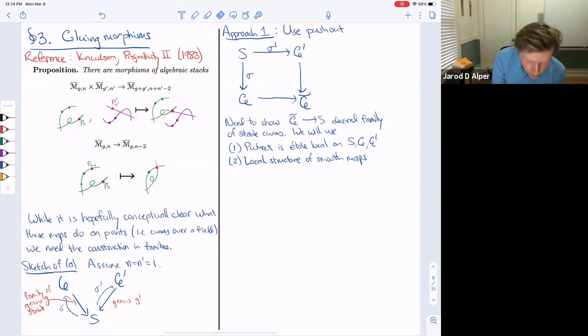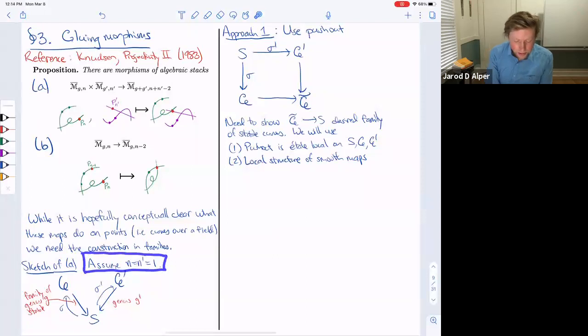So let's break this first map into two parts, A and B. Just to simplify the notation, the general case is no harder, let's assume n equals n prime equals 1.